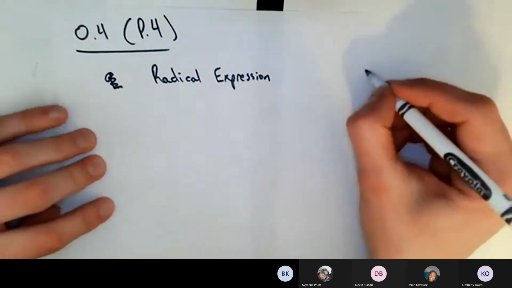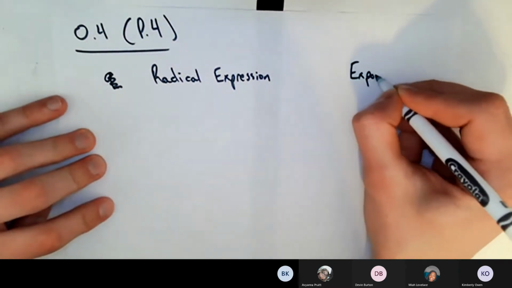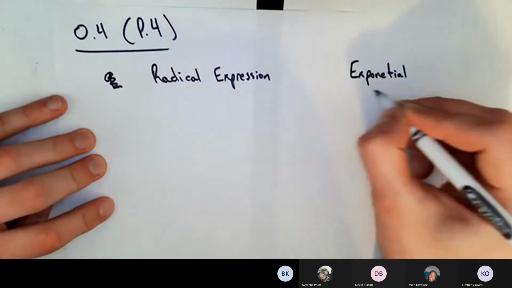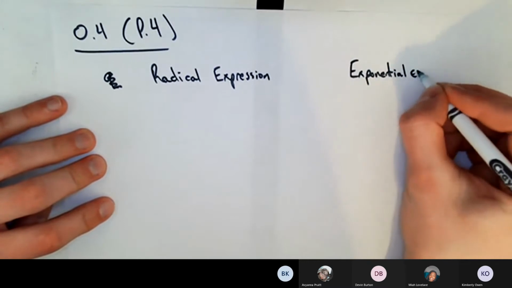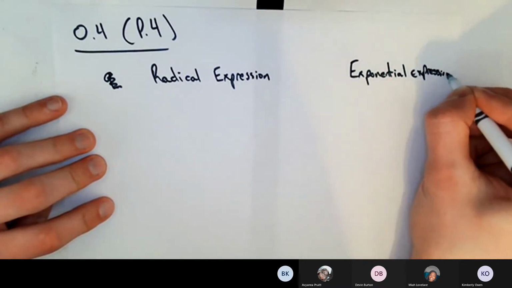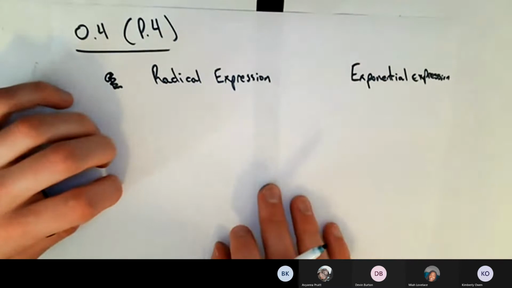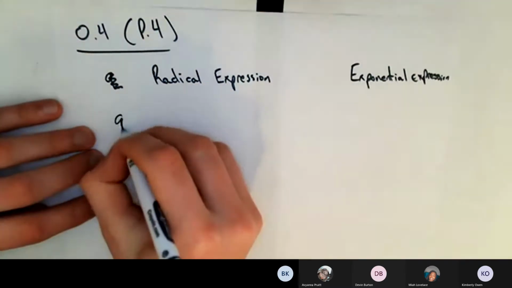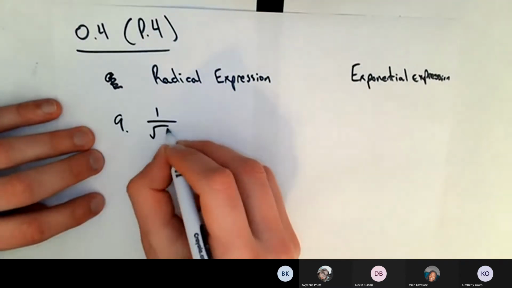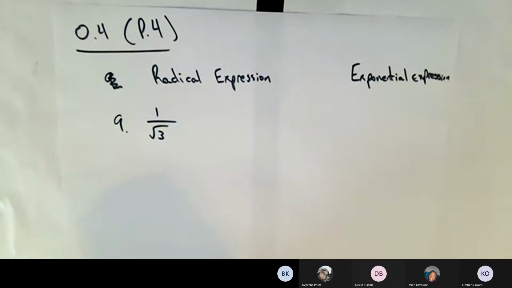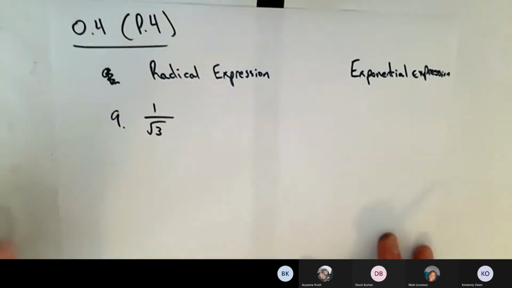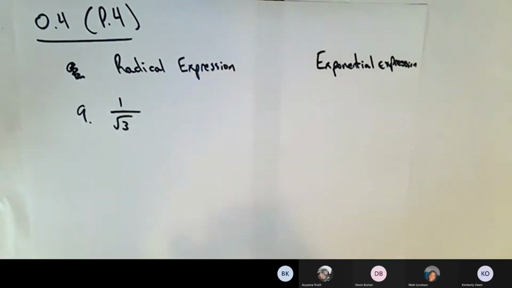Yeah, I guess so. So number 9 says 1 over the square root of 3. I'm trying to get an exponential expression.